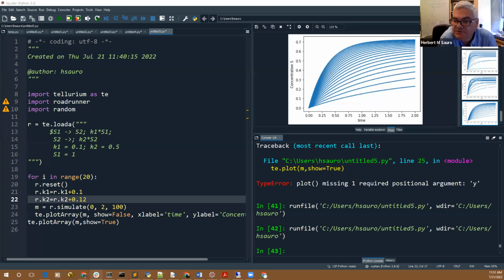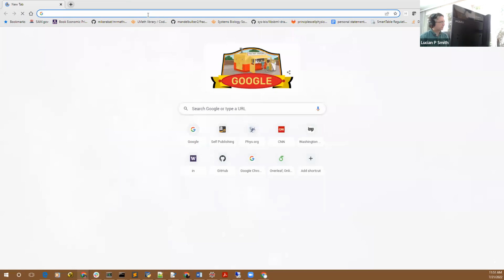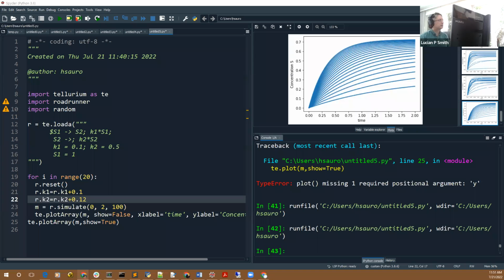I was just going to copy something into the chat if I can get to the chat. There we go. So that was the very basic thing on compartments that I had put together, and I'm happy to answer other questions about that if you have them.